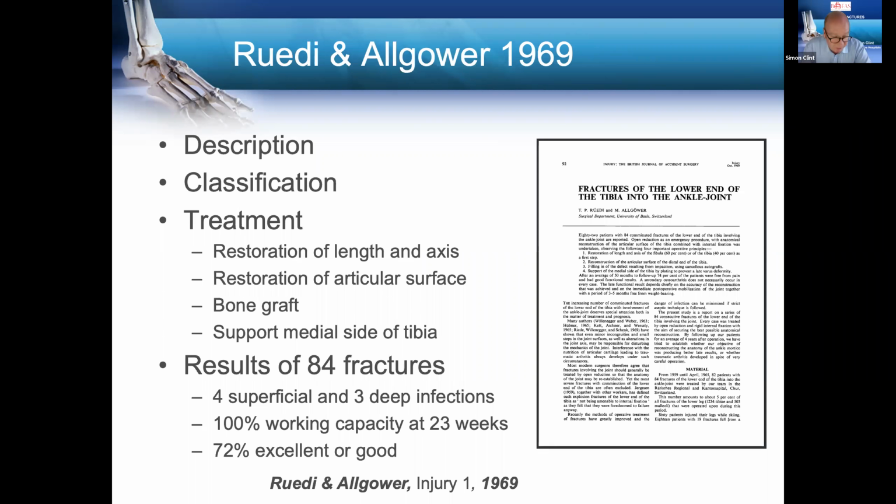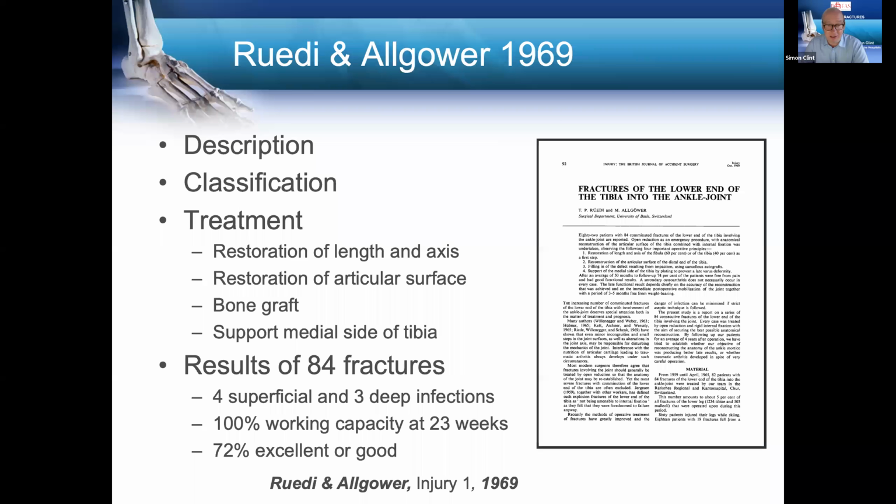And they presented 84 fractures, and they had amazing results. Despite the fact that they described operative time between 40 minutes and an amazing 6 hours, and despite the fact they only gave IV antibiotics if the operation time exceeded 2.5 hours, otherwise no antibiotics were used, they only had 4 superficial and 3 deep infections out of 84 cases.